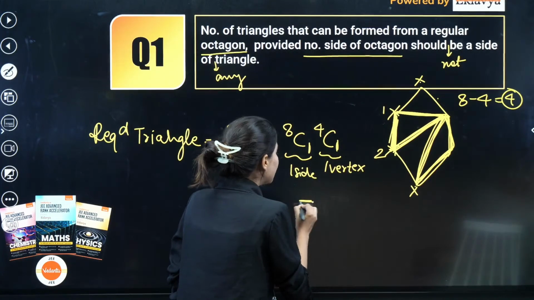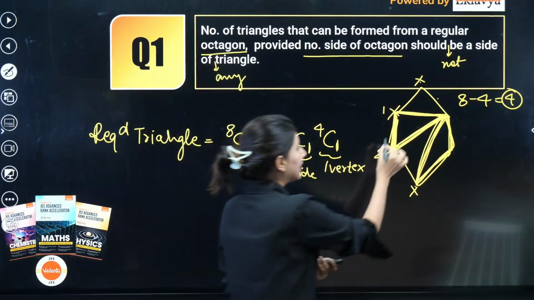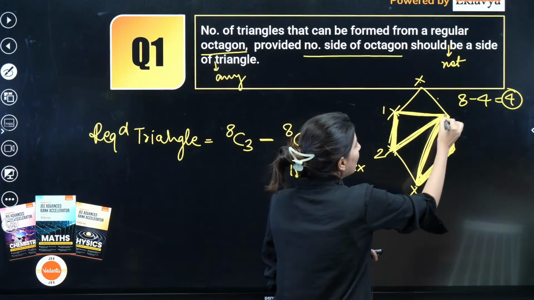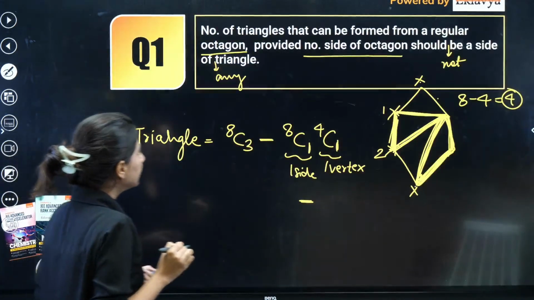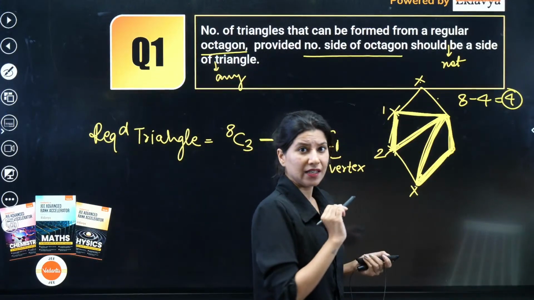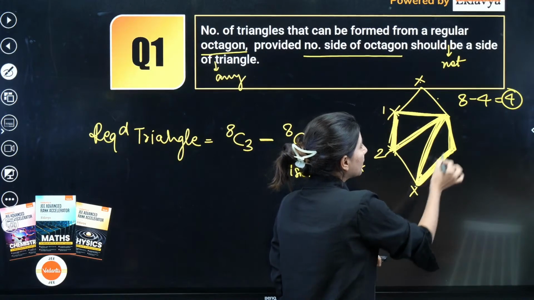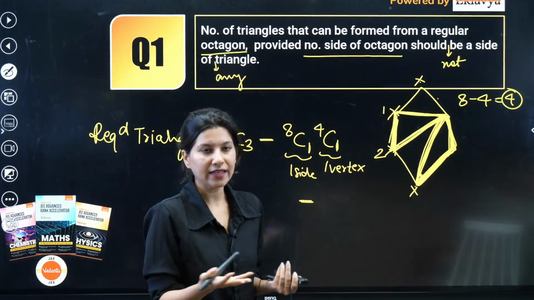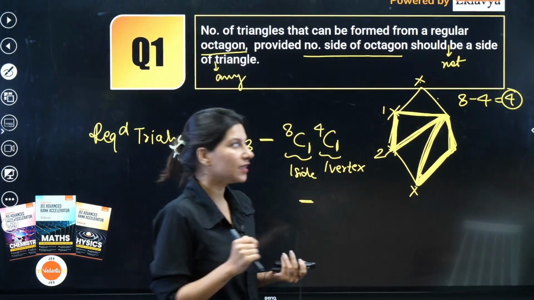And now I need to subtract all those triangles whose exactly 2 sides are coinciding. A triangle like this, a triangle like this. So for that, out of 8, I need to select two adjacent sides, that is, out of the whole octagon, 2 adjacent sides meeting at a vertex.